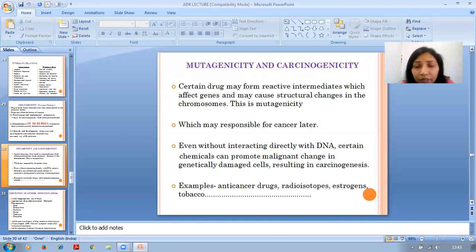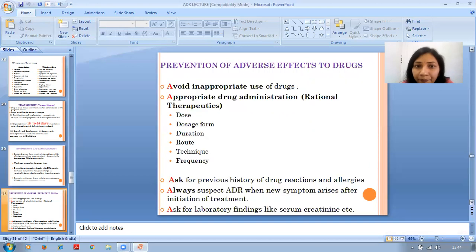Even without interacting directly with the DNA, certain chemicals can promote malignant changes in genetically damaged cells, resulting in carcinogenesis. For example, anti-cancer drugs, isotopes, estrogen, tobacco, and many more.